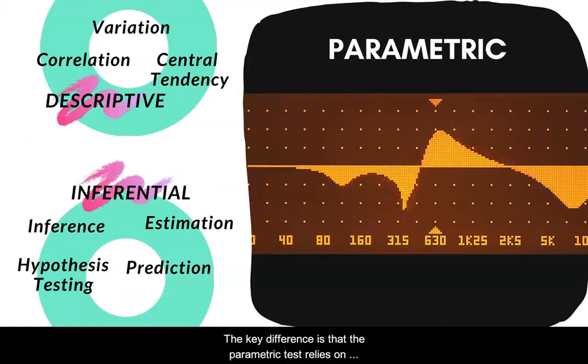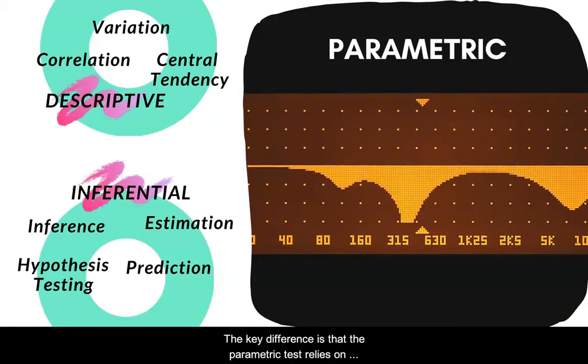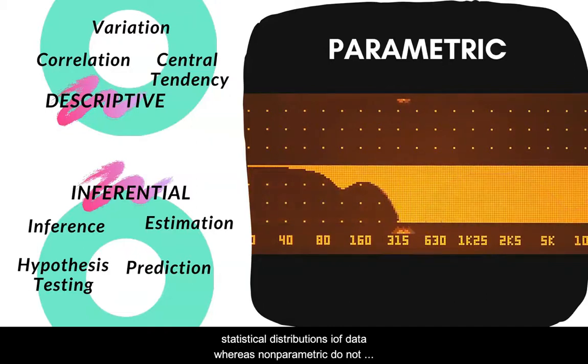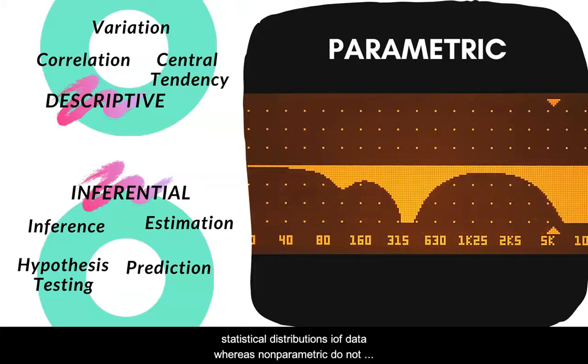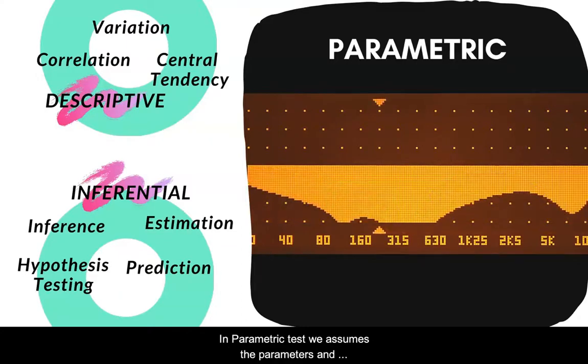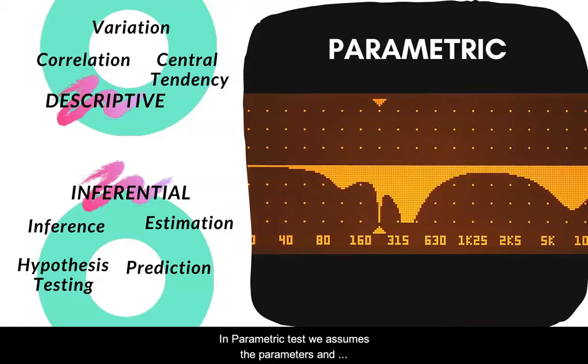The key difference is that the parametric test relies on the statistical distribution of data, whereas non-parametric tests do not depend on any distribution. In a parametric test, we assume the parameters and the distribution of the population or sample are known.